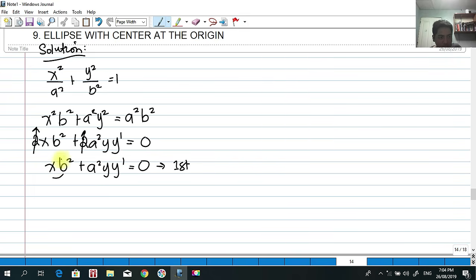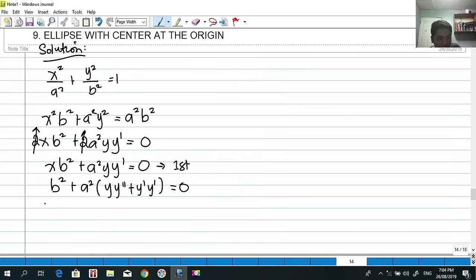Of course, since we have two arbitrary constants, we need to differentiate it again. So again, differentiating this with respect to x, we have simply b squared plus a squared, and now this is the product rule again: y y double prime plus y prime times the derivative of y, which is again y prime, and that is equivalent to 0.